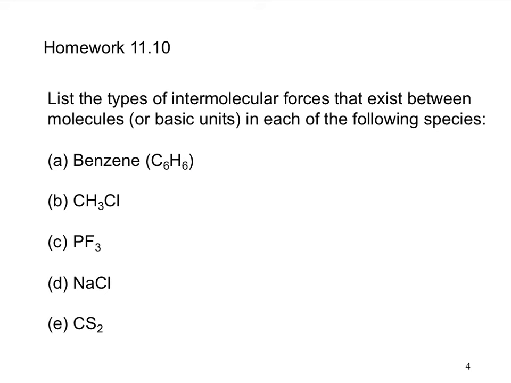From the class, we should know that benzene has this hexagon structure. It's totally symmetrical. There's no dipole moment in this structure. So therefore, it's nonpolar, no ions, no dipoles. So the only possible intermolecular force for benzene is dispersion.